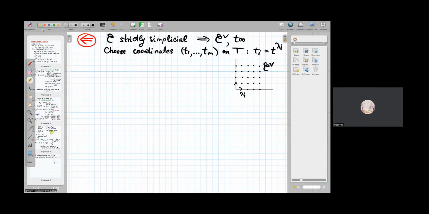Let me again put it in yellow. The cone C check and its generators, which generate also the lattice semigroup of this cone, like this.